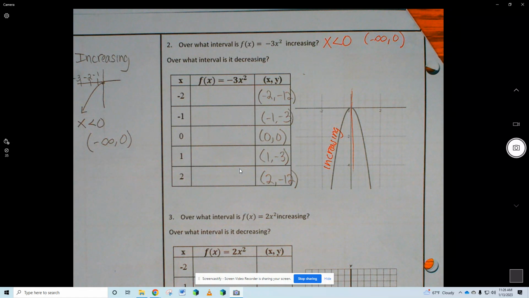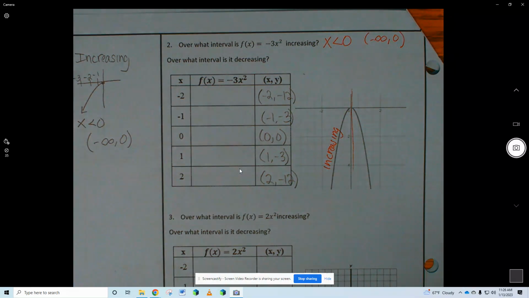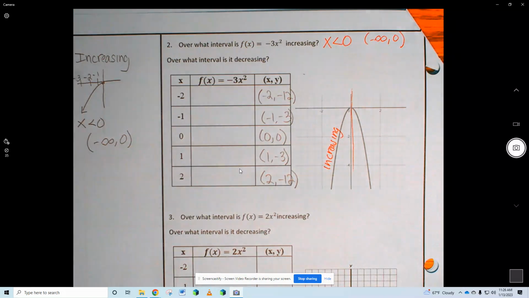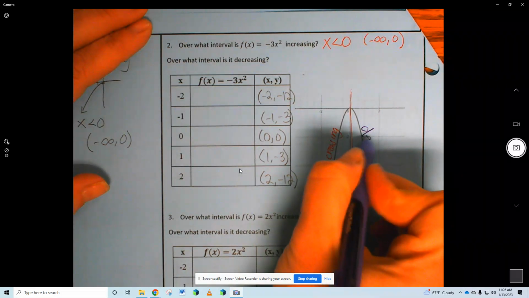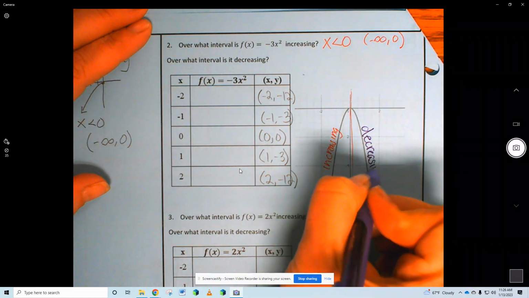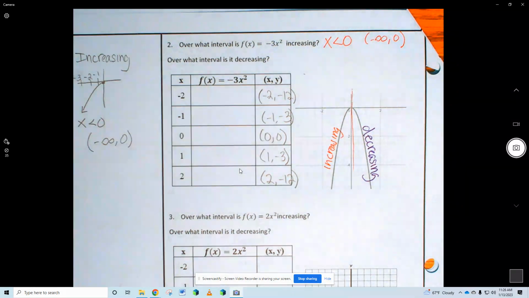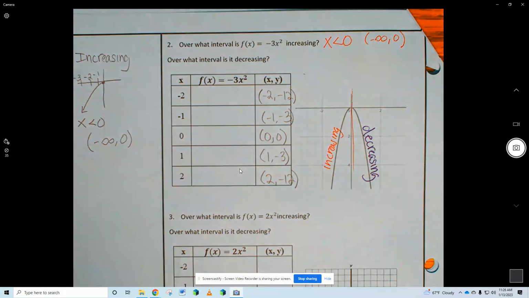Over what interval, what section, is the graph going downward? Less than 0 or greater than 0? Where is it decreasing? The line is going downward. Greater than 0, to the right of 0. That's this. I'm going to draw the picture over here.